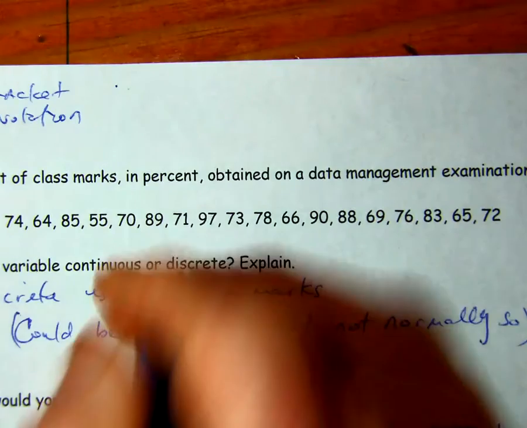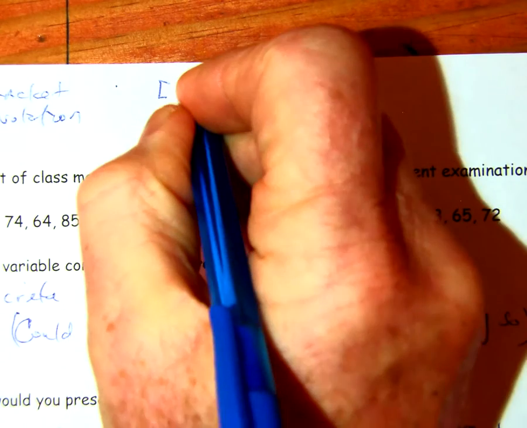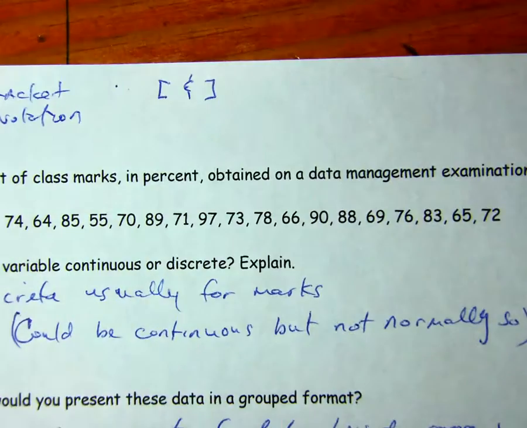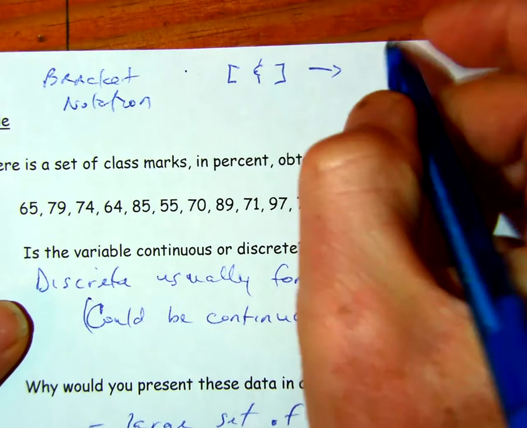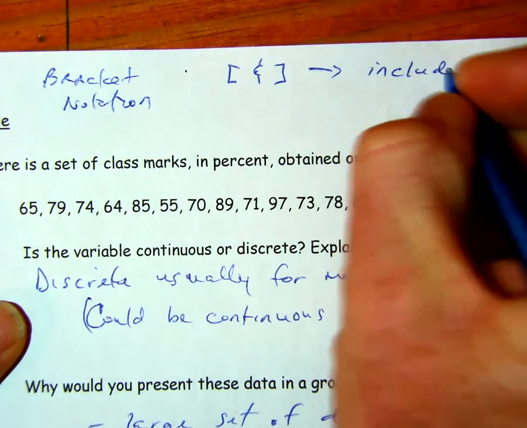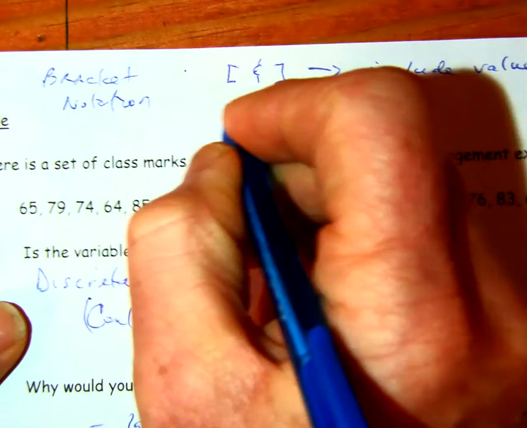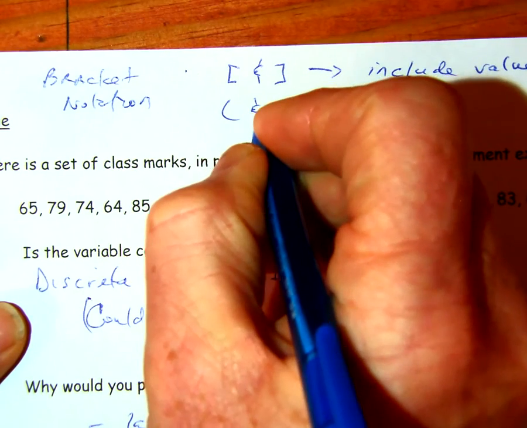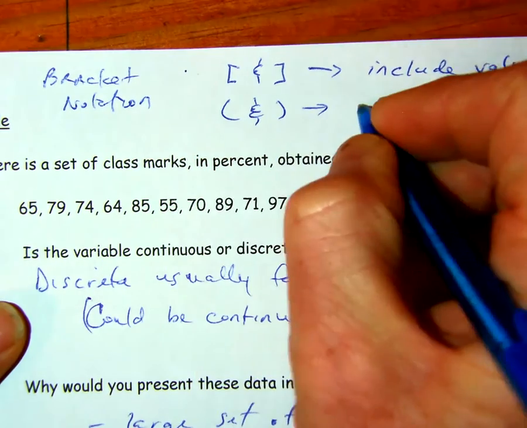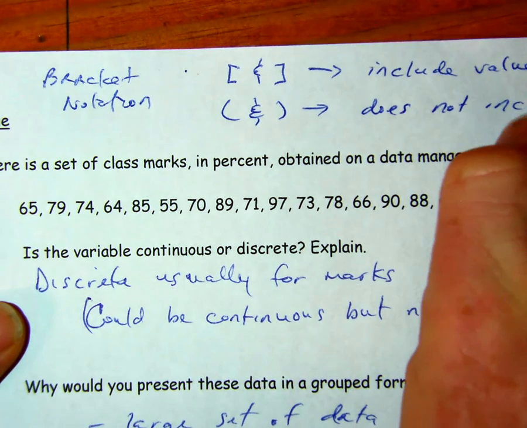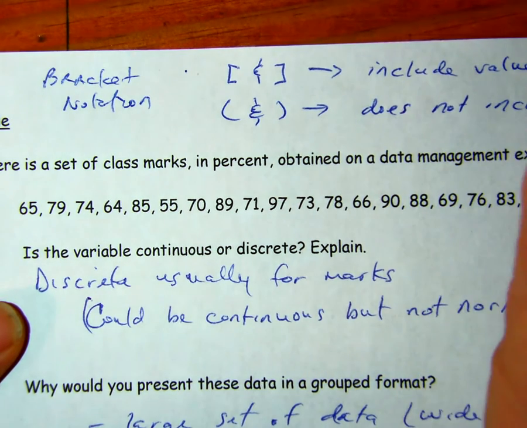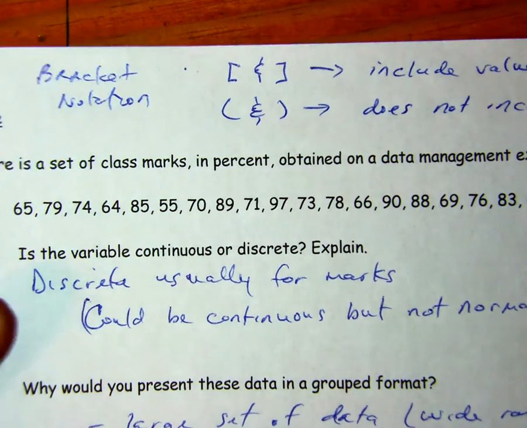The note is that the square bracket means include the values, and round brackets means does not include.